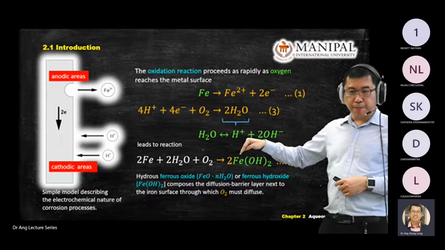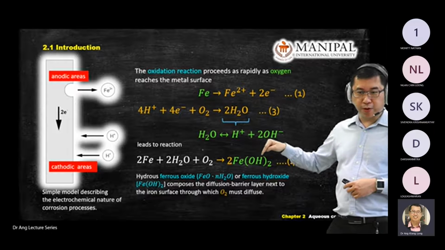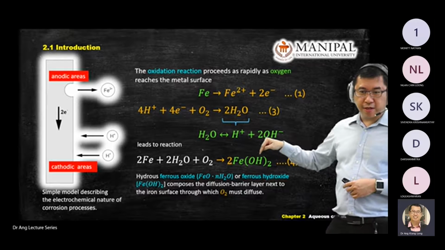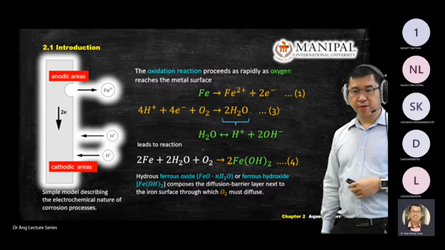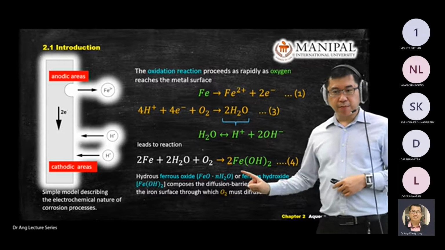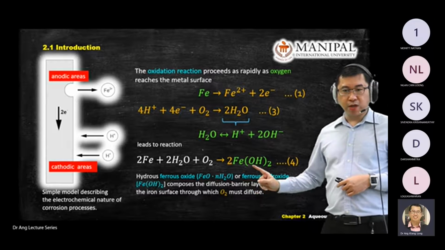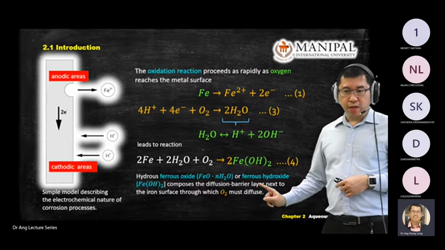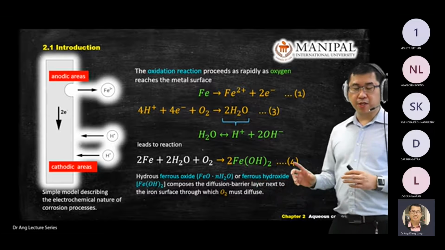So when you balance this molecule, when you have 2 here, you are referring to ferrum 2. Okay, when you are having ferrum 2, a scientific name we give to this FeOH2 is ferrous hydroxide.